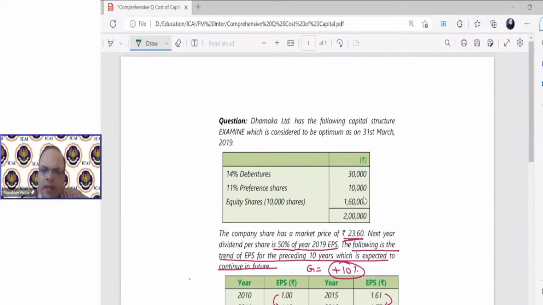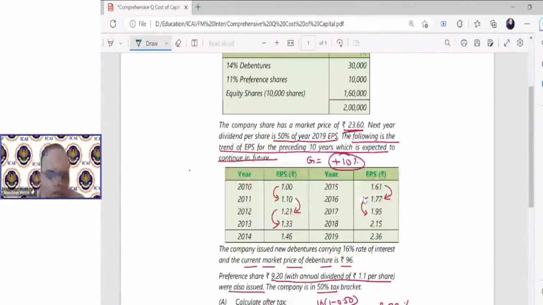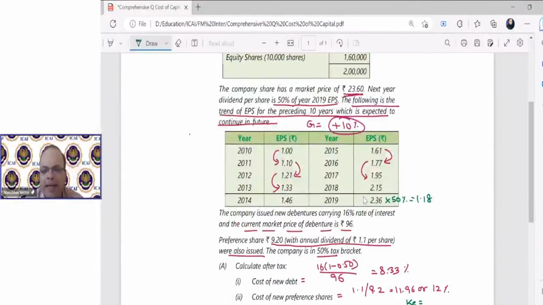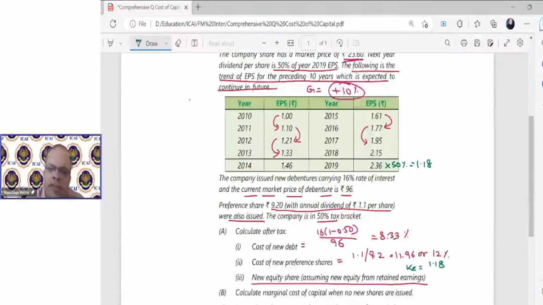Do we have D1 here? They said that next year dividend is 50% of 2019 EPS. 50% of 2019 EPS will give us 1.18. That's the next year dividend, guys. So 1.18. And do we have an equity price somewhere? Yes. The market price is 23.6.